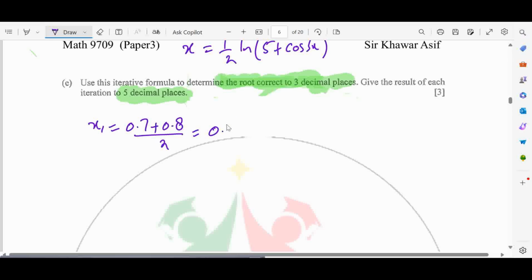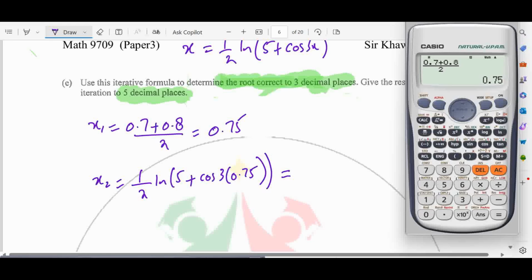Now x2 will be equal to 1 by 2 natural log of 5 plus cos of 3 into 0.75. We just need to show this at least once.